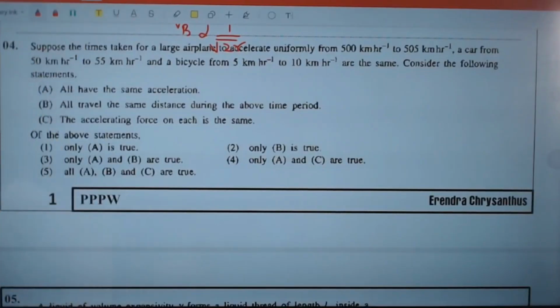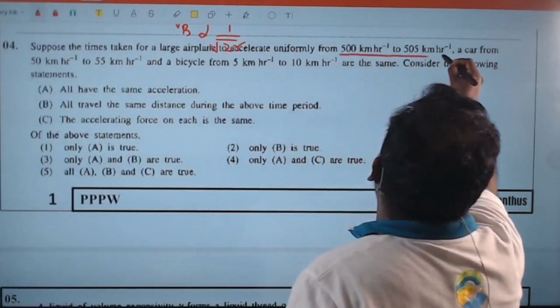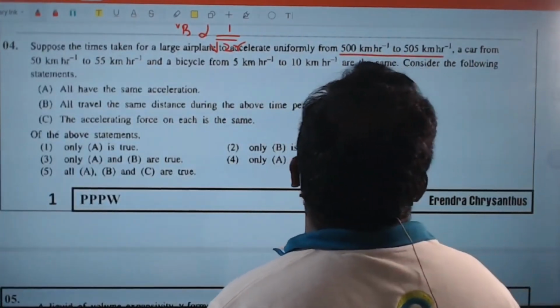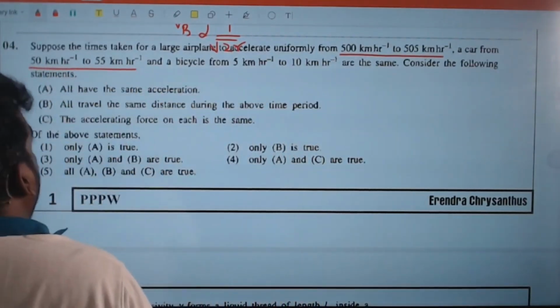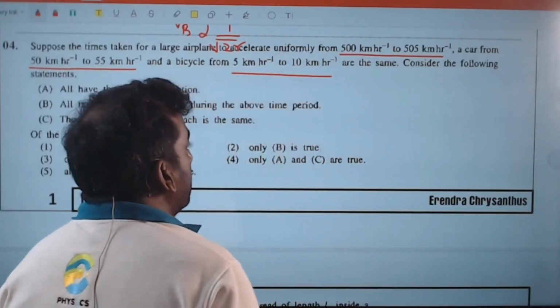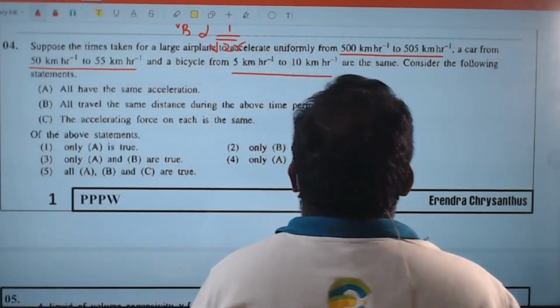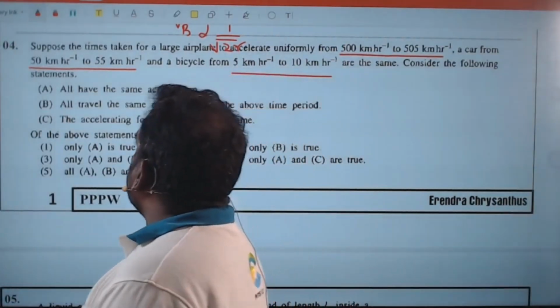Suppose the times taken for a large aeroplane to accelerate uniformly from 500 to 505, a car from 50 to 55 and a bicycle from 5 to 10 are the same. Consider the following statements.